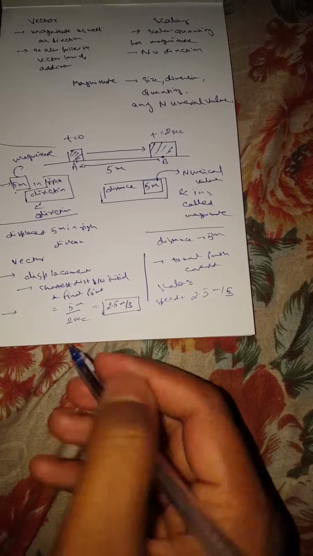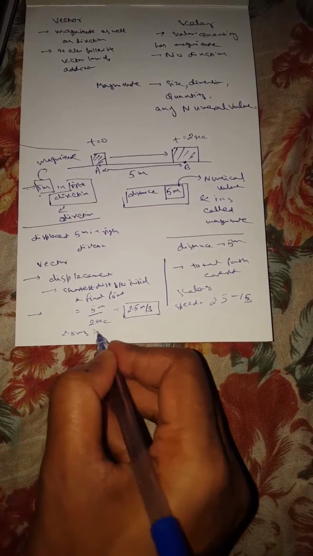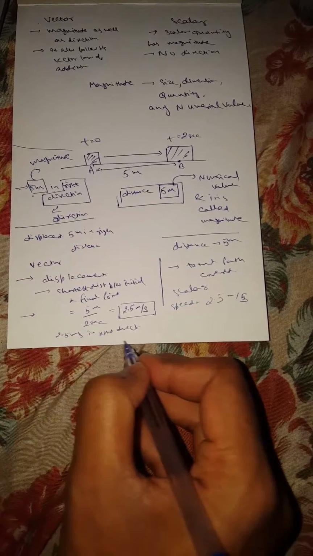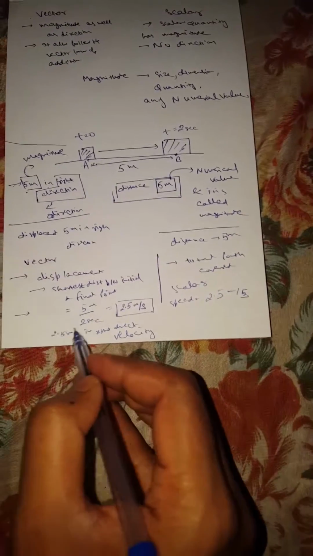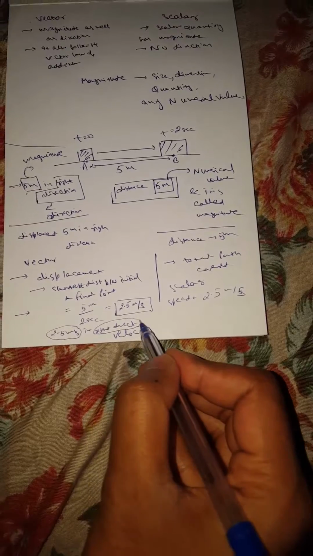If we say that the block moves 2.5 meter per second in the right direction, then we call it velocity. Here 2.5 meter per second is the magnitude and the right direction is the direction, and together this is the velocity.